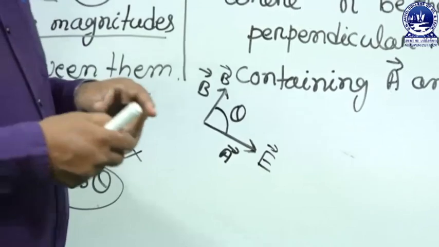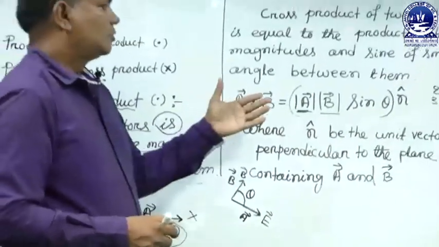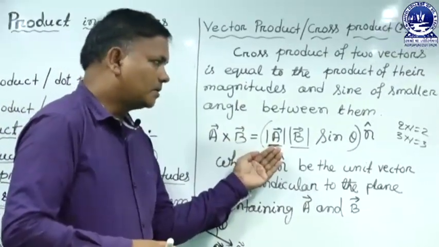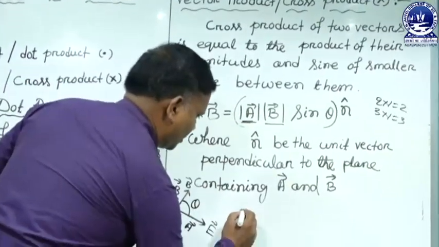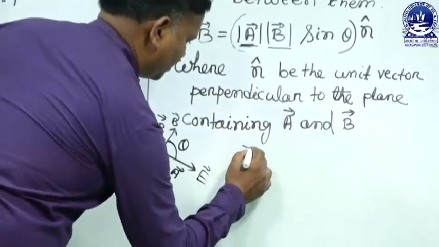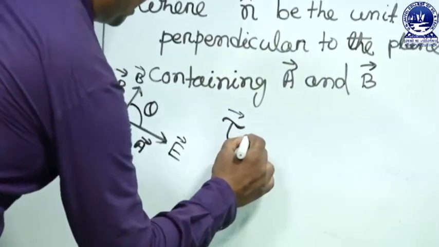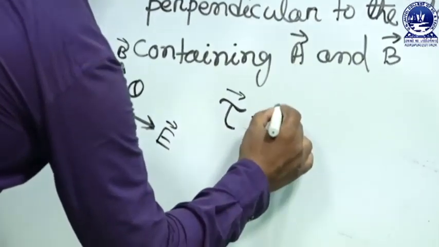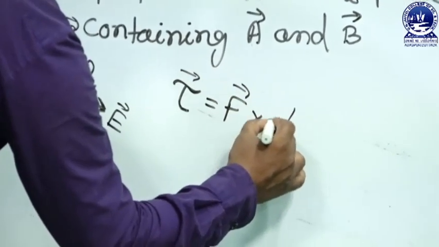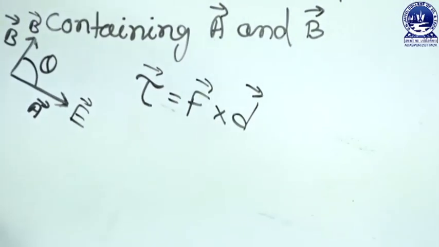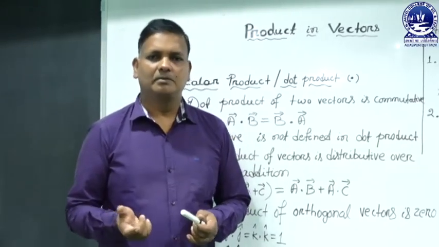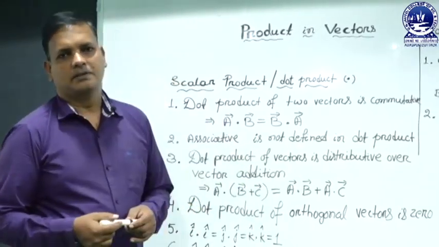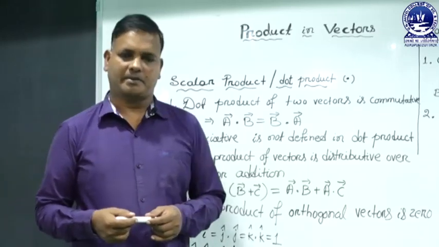That is the unit vector. So the cross product is a vector. That is why torque tau, an example of it, is equal to F cross the perpendicular distance.